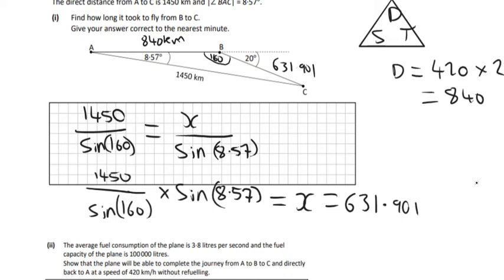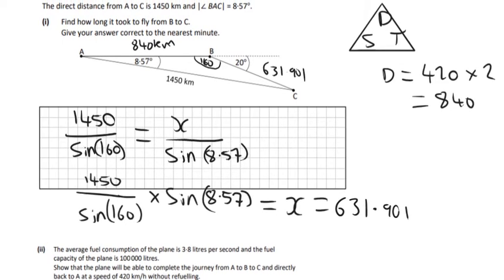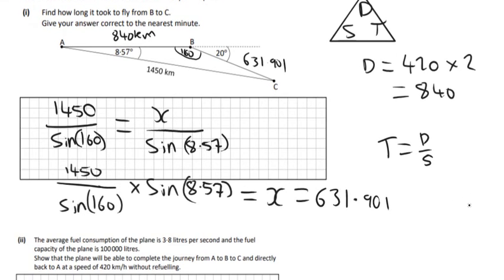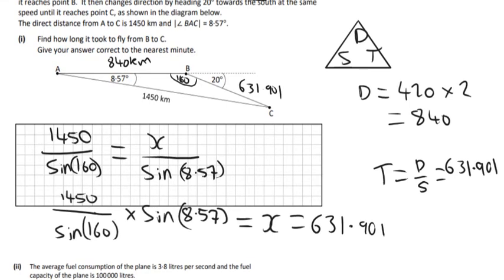It's asking us though for the time. So remember, time is the distance over the speed, so T equals D over S. So the distance we know is 631.901. And the speed then, that's just going to be the same again.